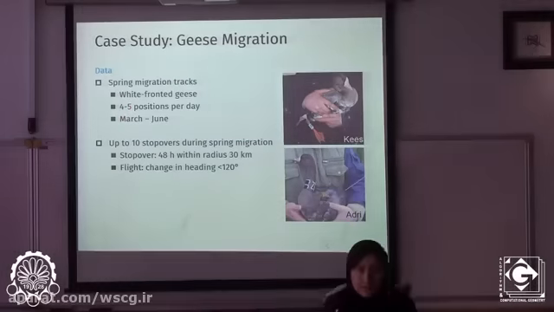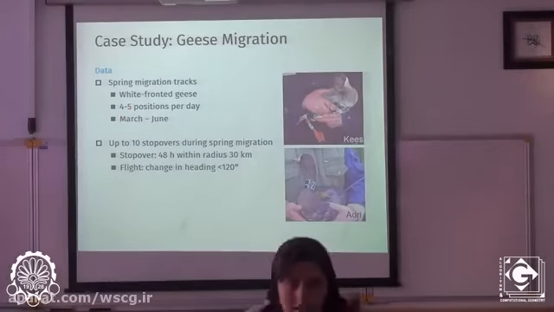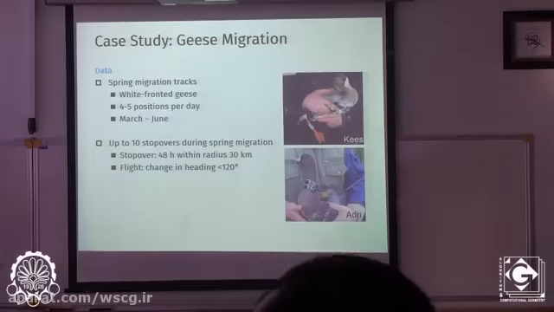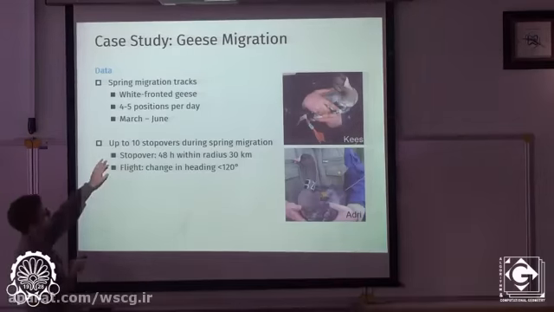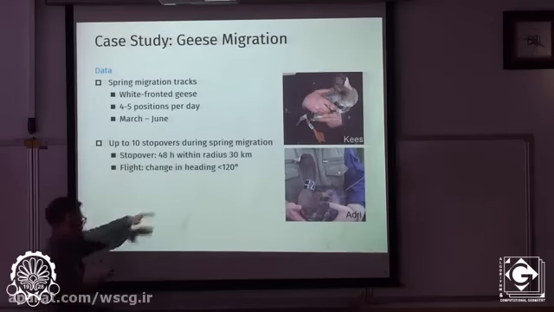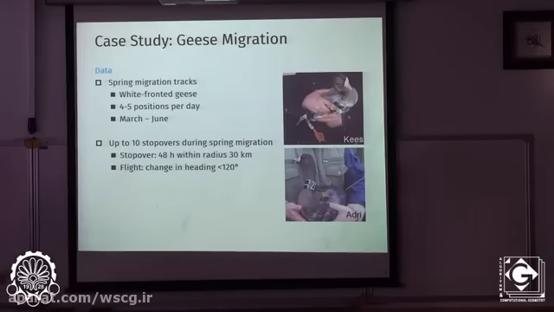We have 4 to 5 positions per day, up to 10 stopovers. And if we look at the criteria that we have, flight, as I said, can be described simply as fairly straight movement, but for a stopover we should stay within a radius of 30 kilometers. That's a decreasing criterion.